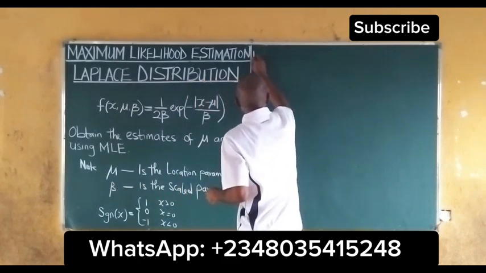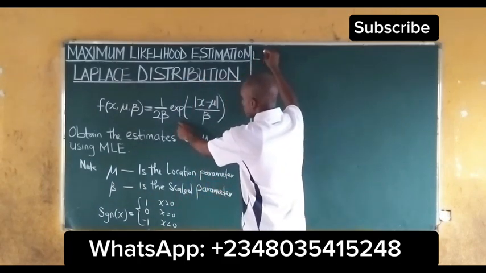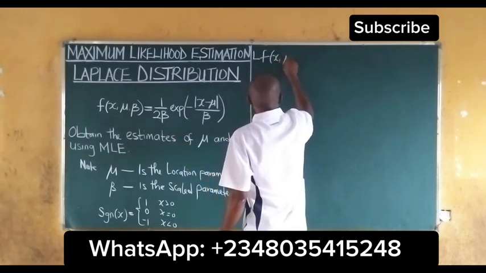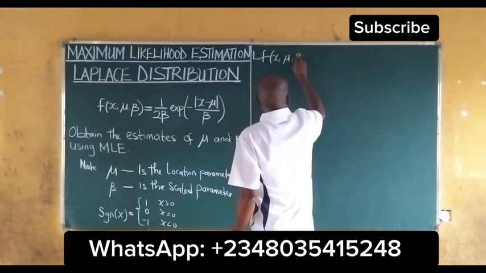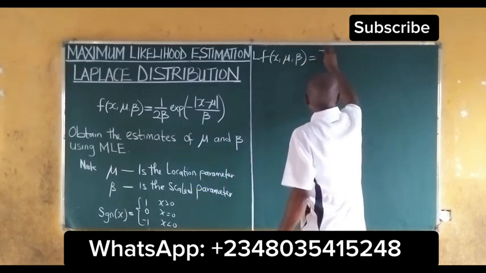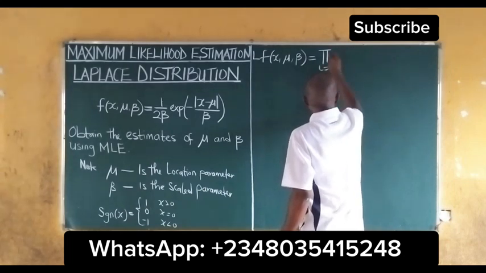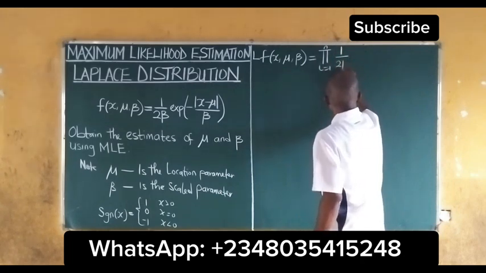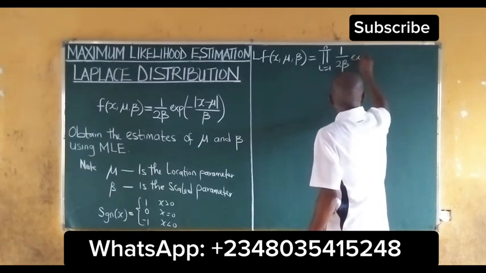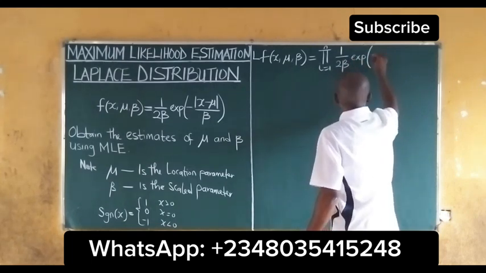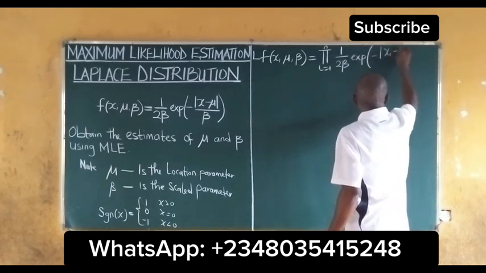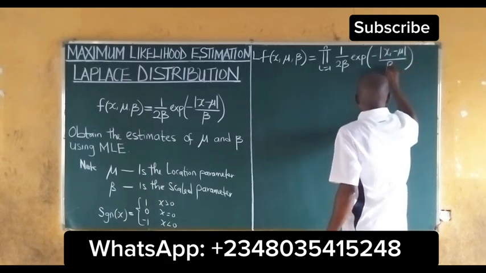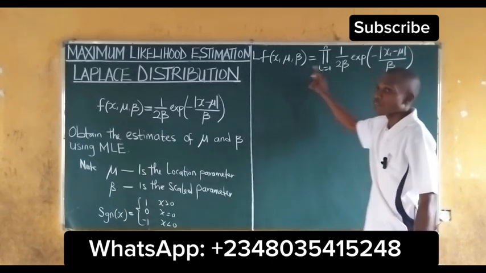The likelihood function of the Laplace distribution is equal to the product, as i runs from 1 to n, of the given distribution, with mu all over beta. So this is what we get if we want to take the likelihood function.